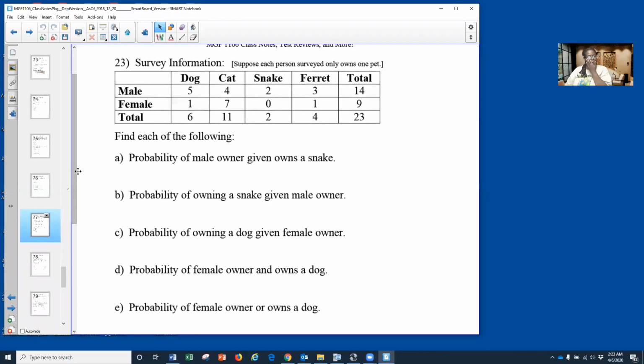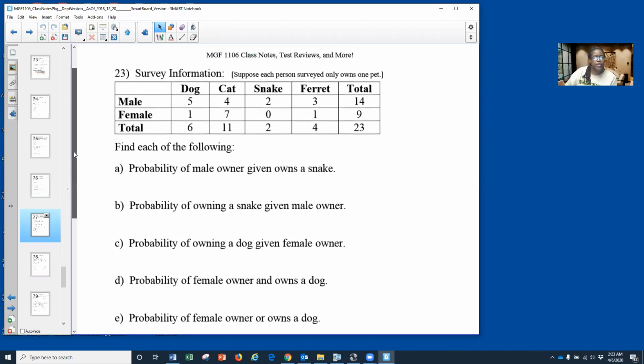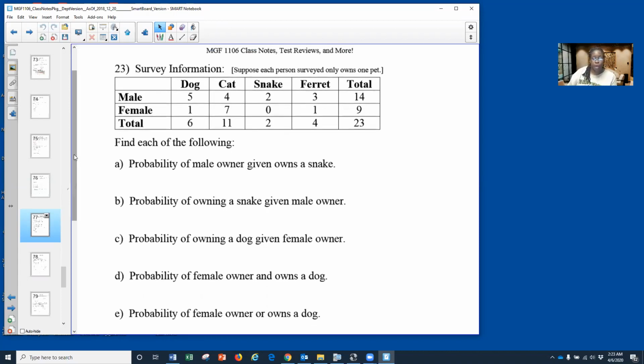All right, so we are looking at survey information. So now we're moving into our conditional probability. Conditional probability, our keyword here. So now we're looking at a sample size and now shrinking it down to size is what we're doing.